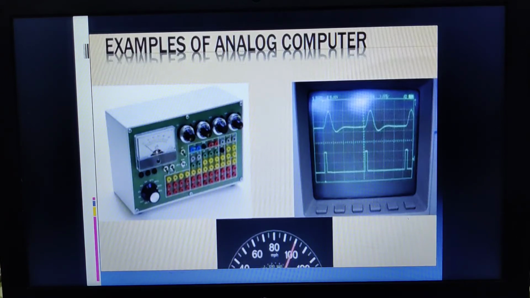In those industries or chemical plants where you need to maintain certain pressure, voltage, and temperature, we use such analog computers. Students, I hope you are able to understand.